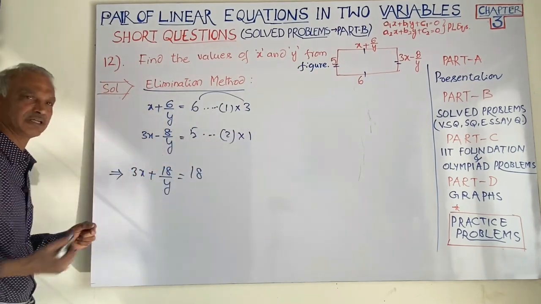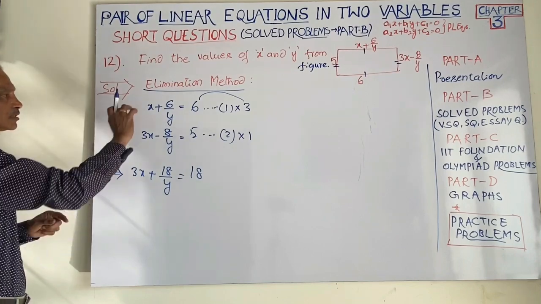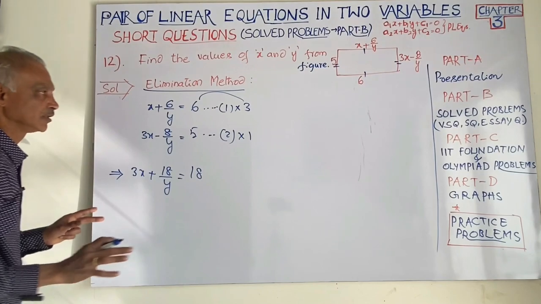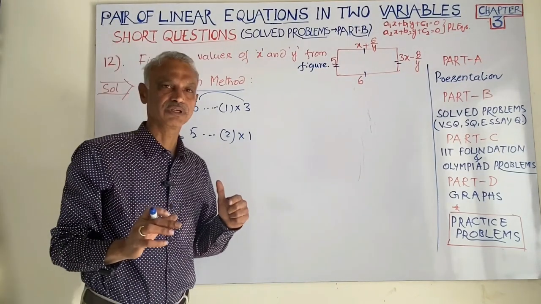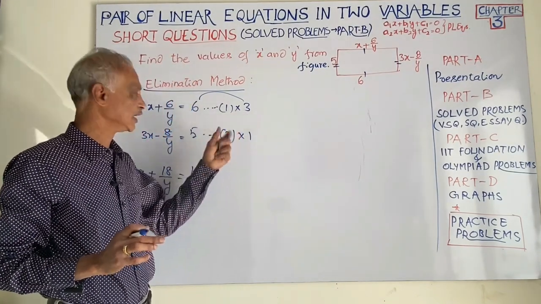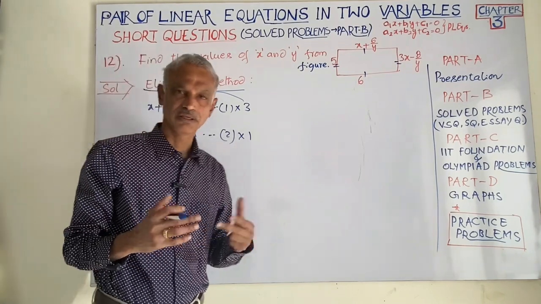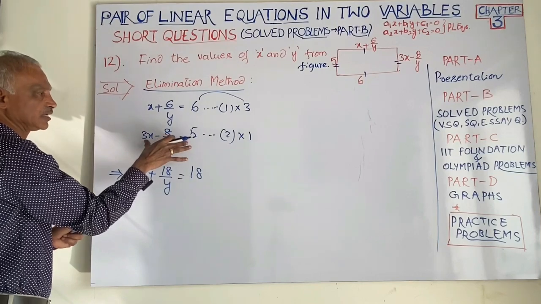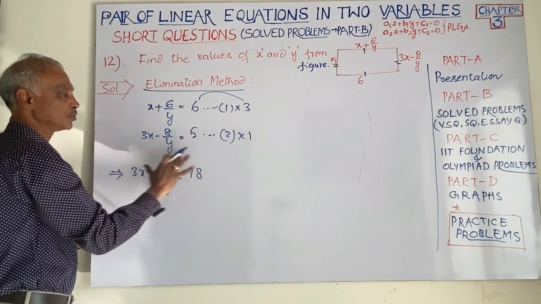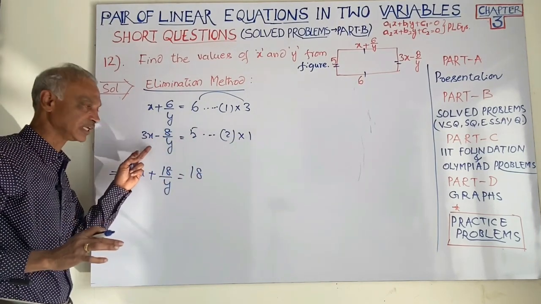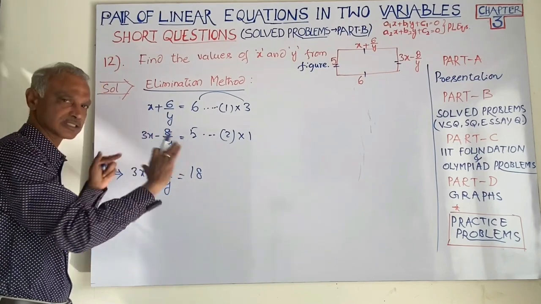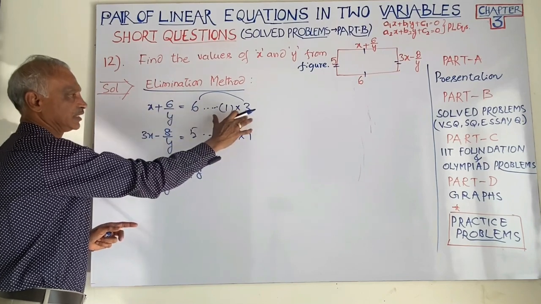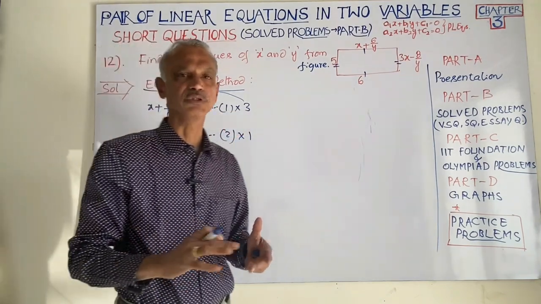Next, multiply the second equation with 1, because we have to make the x terms equal. You may have a doubt: you multiplied this with 3 and this with only 1, is there any difference? There is no difference. I am multiplying the whole equation, LHS and also RHS, so there is no change on either side.